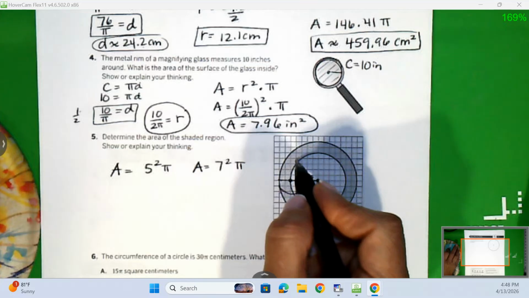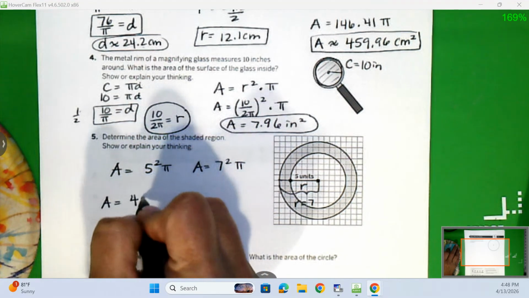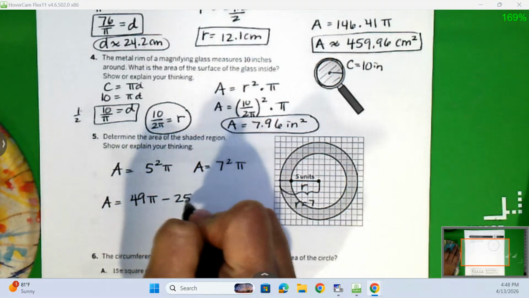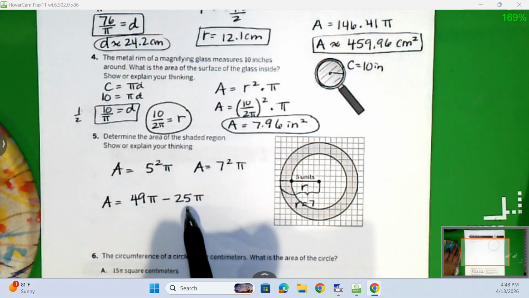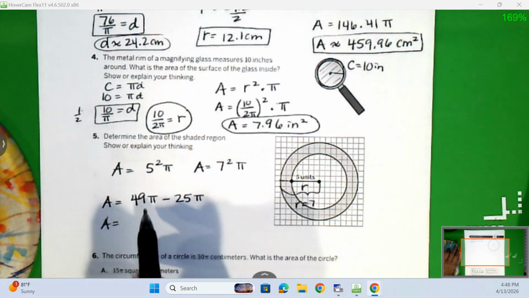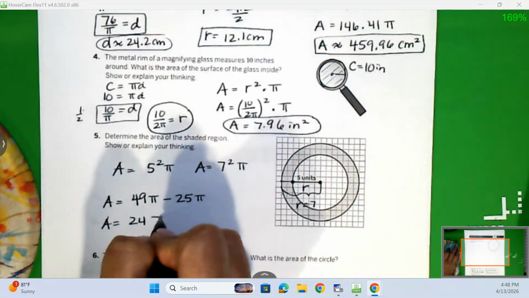So our area of this shape is going to be 49 pi minus 25 pi. Okay, 7 squared is 49 and 5 squared is 25. Since they both have pi, we can do 49 minus 25, which is 24 pi.